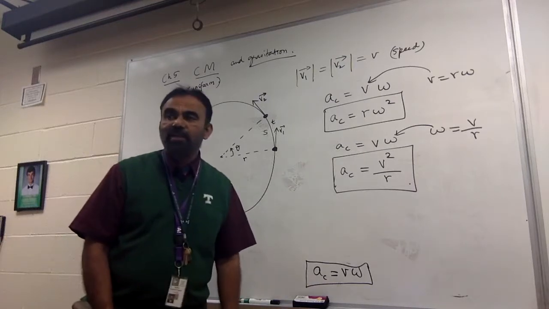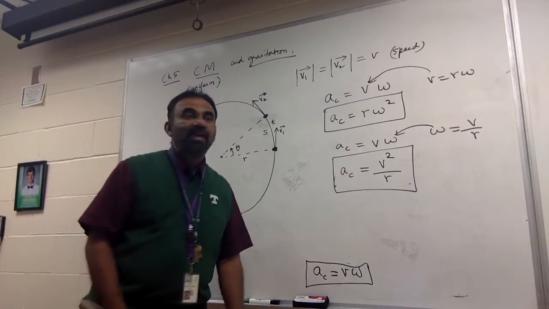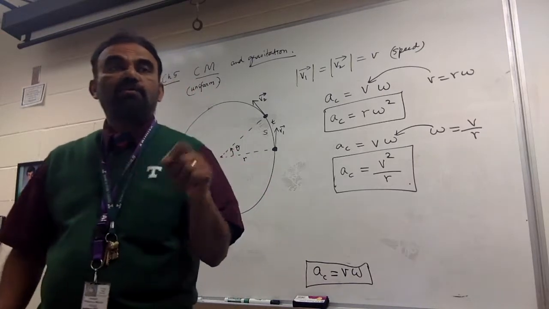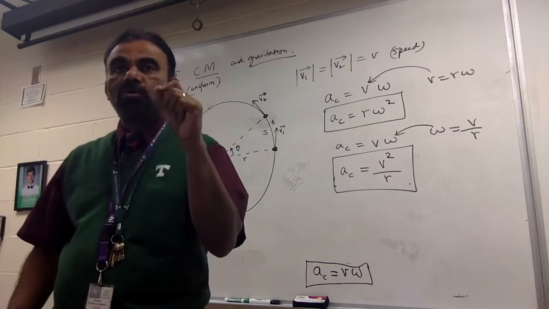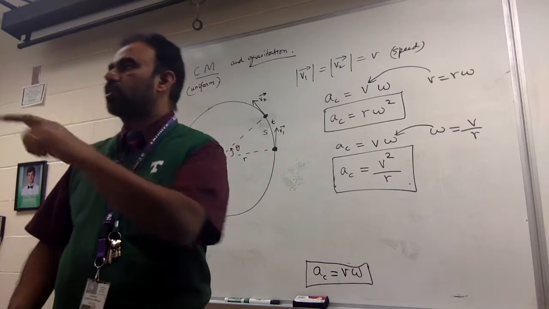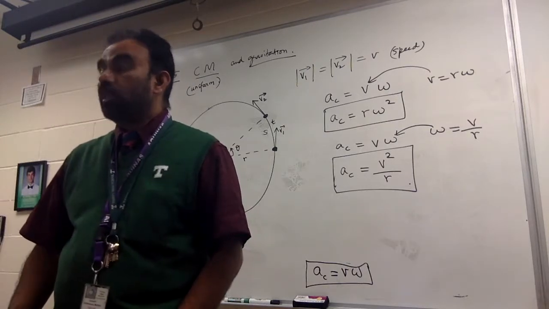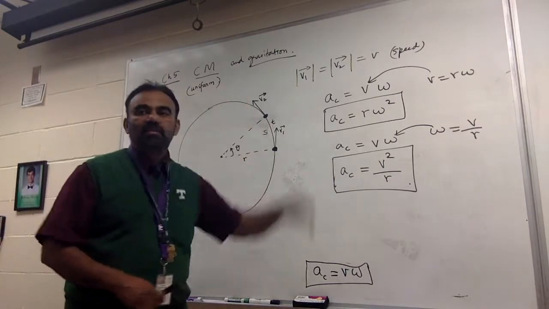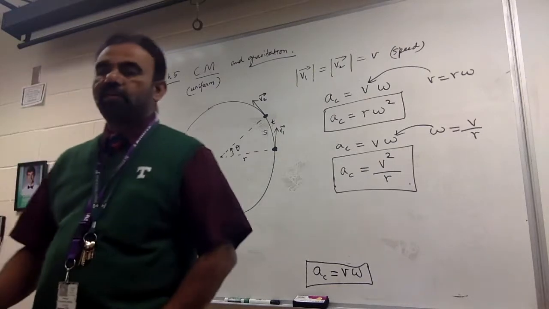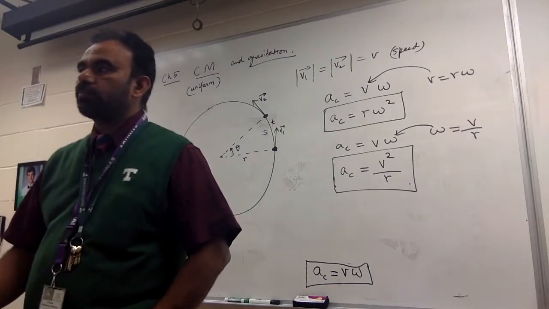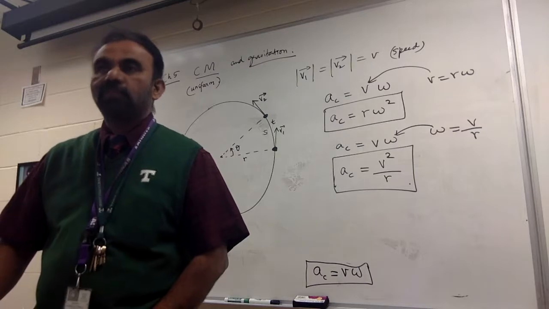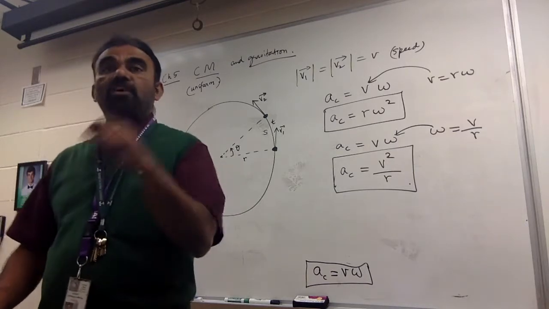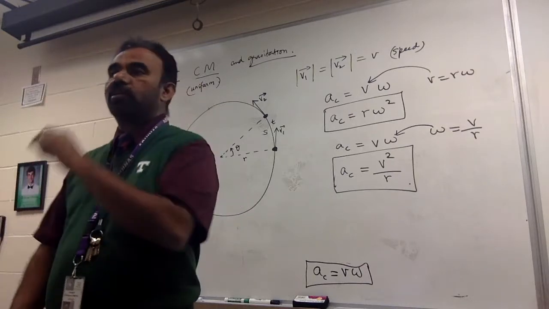So what is this centripetal acceleration now? It is the acceleration required for any object to go round and round in circular motion. Without that acceleration, the object cannot change its velocity. It cannot keep going in circular motion. Do you get it? Centripetal acceleration is required for any object to go round and round in circular motion.